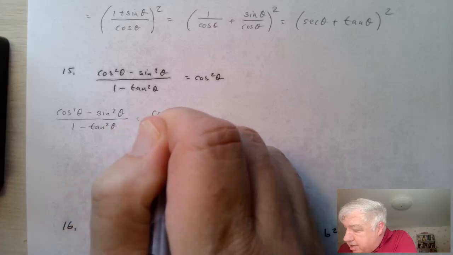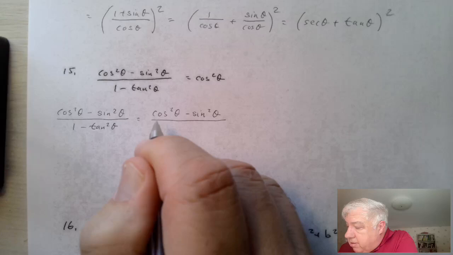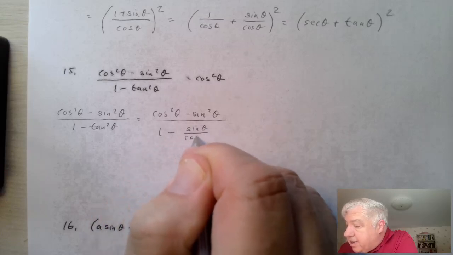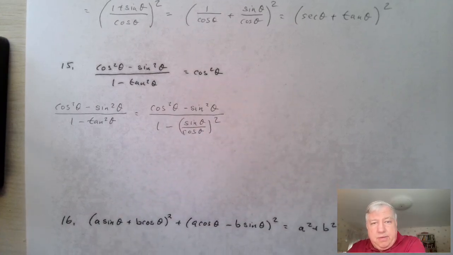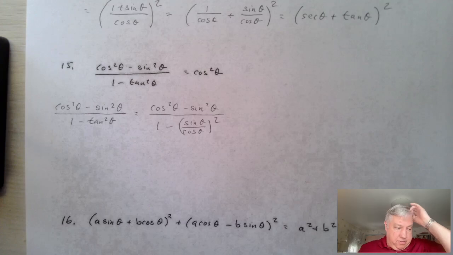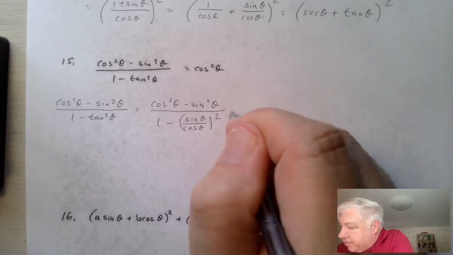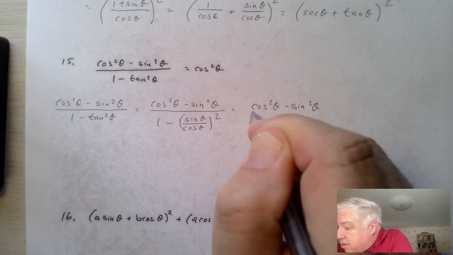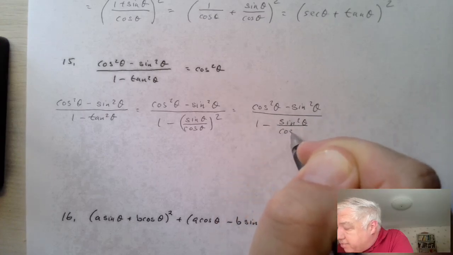So this will be cosine squared of theta minus sine squared of theta over 1 minus sine squared over cosine squared.